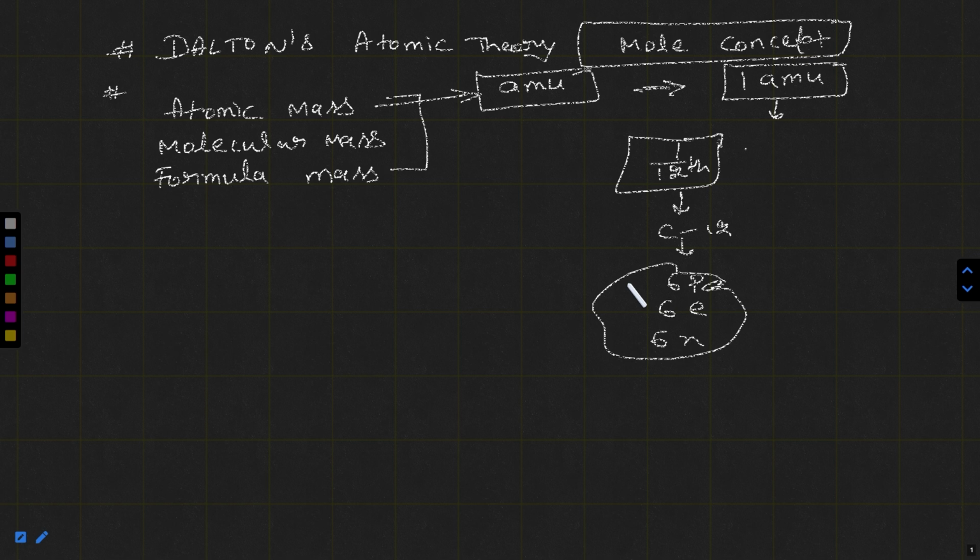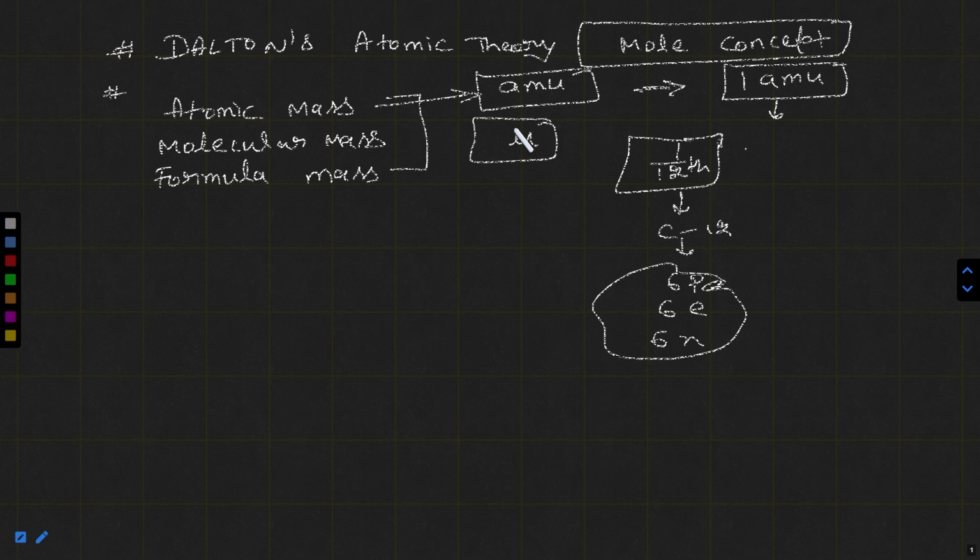Nowadays we use carbon-12 as a reference atom, which is successful. So this is about 1 AMU. Atomic mass is the mass of an atom, and apart from AMU, we now use U, which is named unified mass.